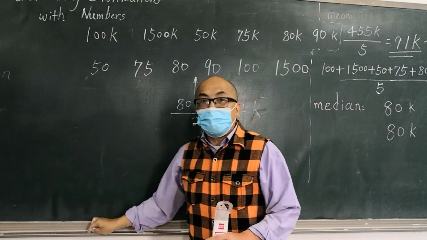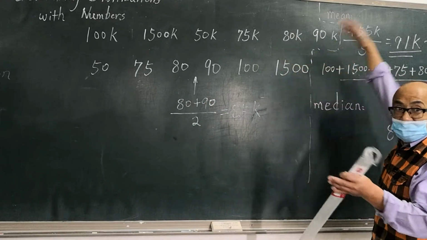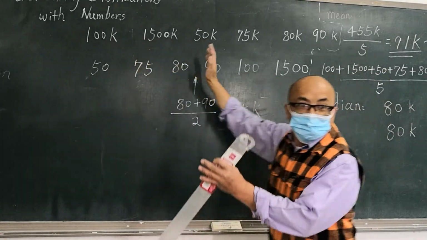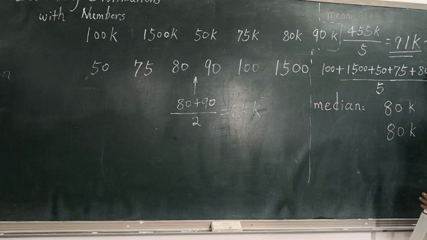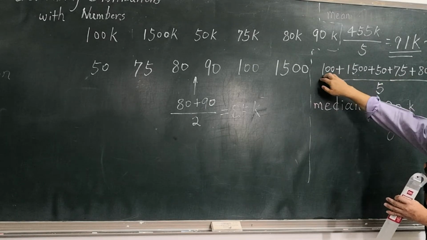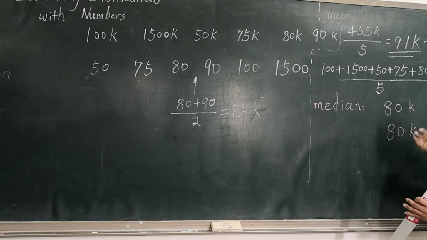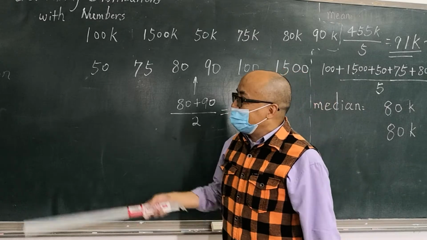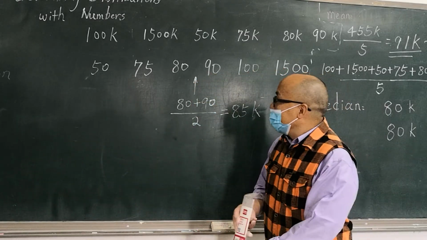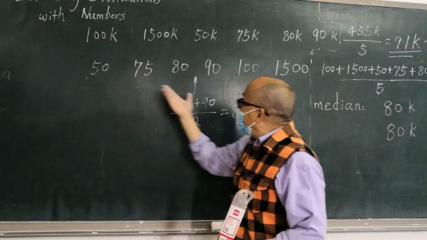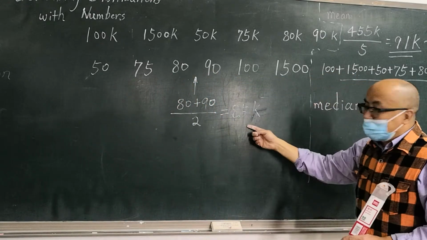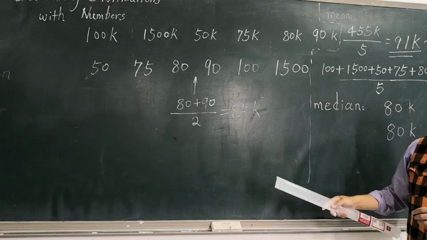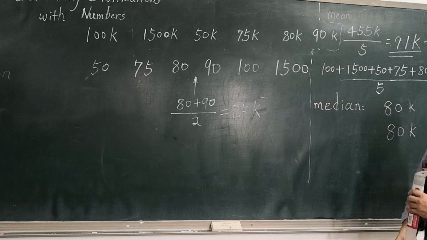Because in New York, some millionaires' houses are very, very expensive, and the middle class, if you add them all together, the average is misleading. So for housing, as far as I know, most times they give out the median. That means three numbers lower than that, three numbers higher than that.